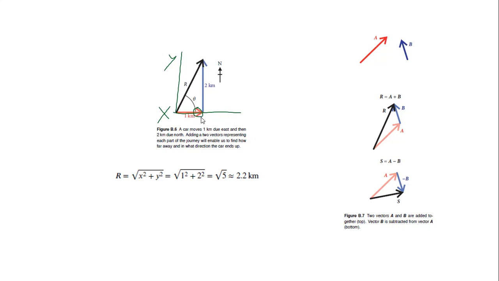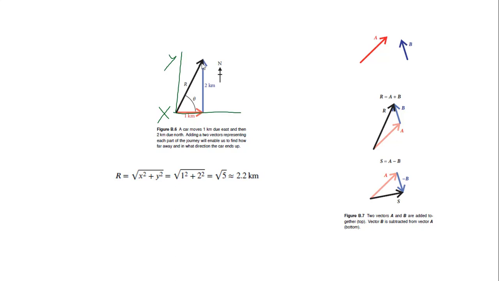All right, so now he's at position. So this red vector is 1 on the x-axis, and then the y vector is 2 kilometers on the y-axis, right?